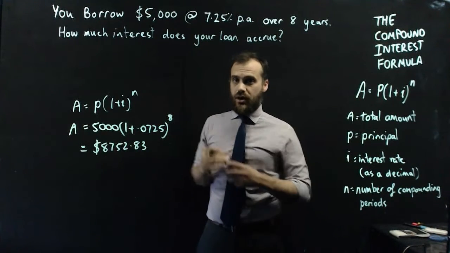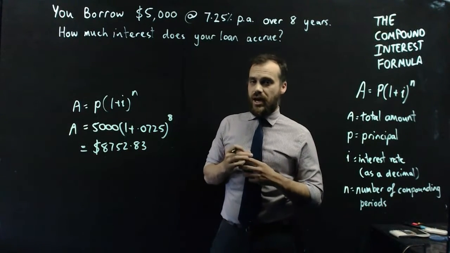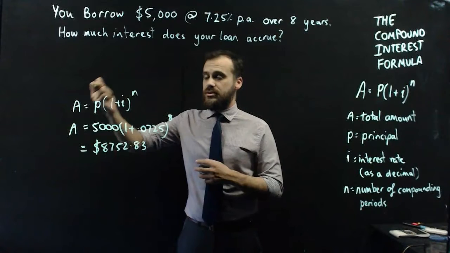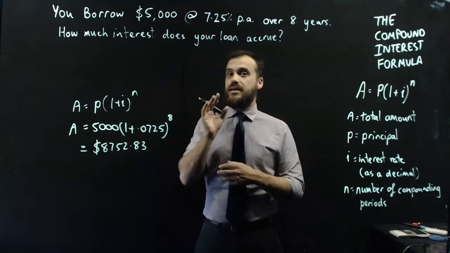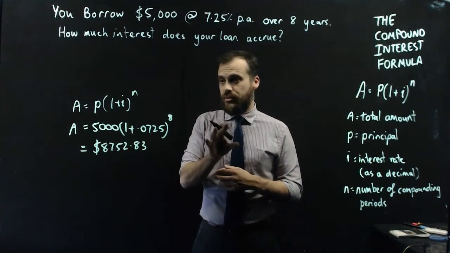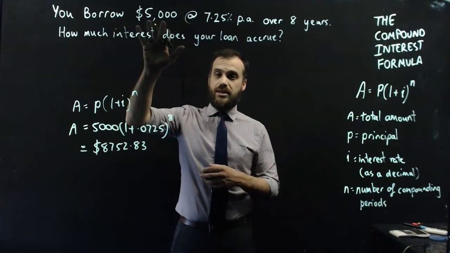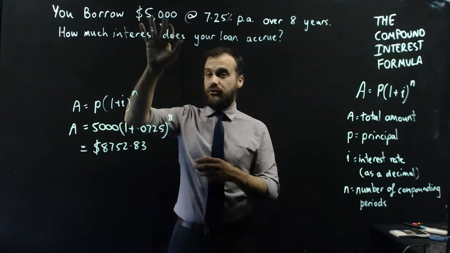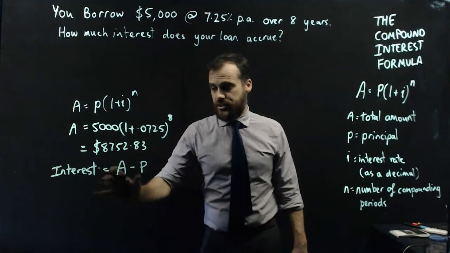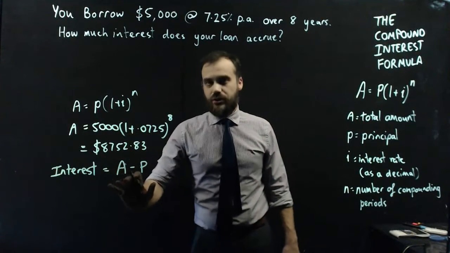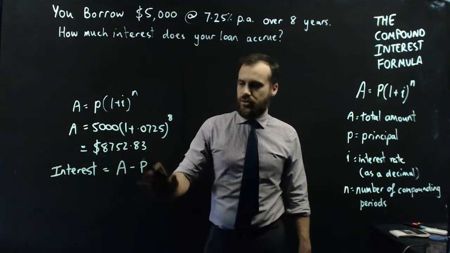They gave you $5,000, and at the end of the 8 years, you give them $8,752.83. But the interest that you owe them is the money that you borrowed to begin with, subtracted from this amount here. That is, the interest is equal to the total amount minus the principal.